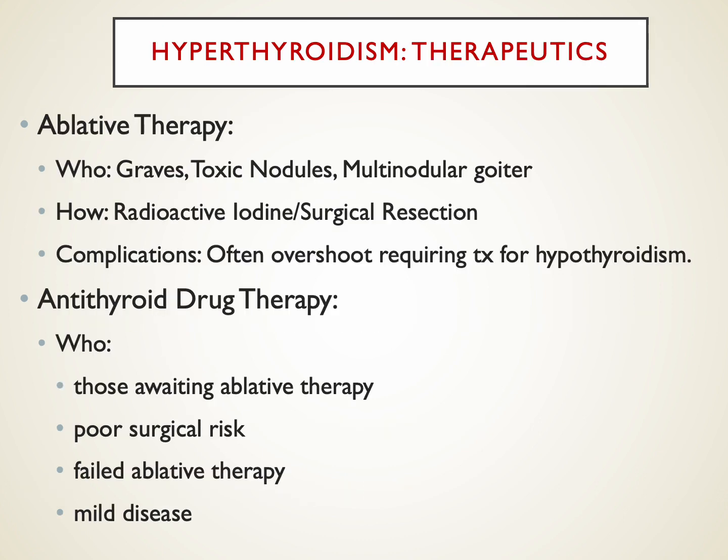So when we're looking at therapeutically managing hyperthyroidism, most patients are candidates for ablative therapy. These are particularly patients with serious disease: Graves' disease, toxic nodules, or a multinodular goiter. And that's usually done with a surgical resection and/or radioactive iodine.